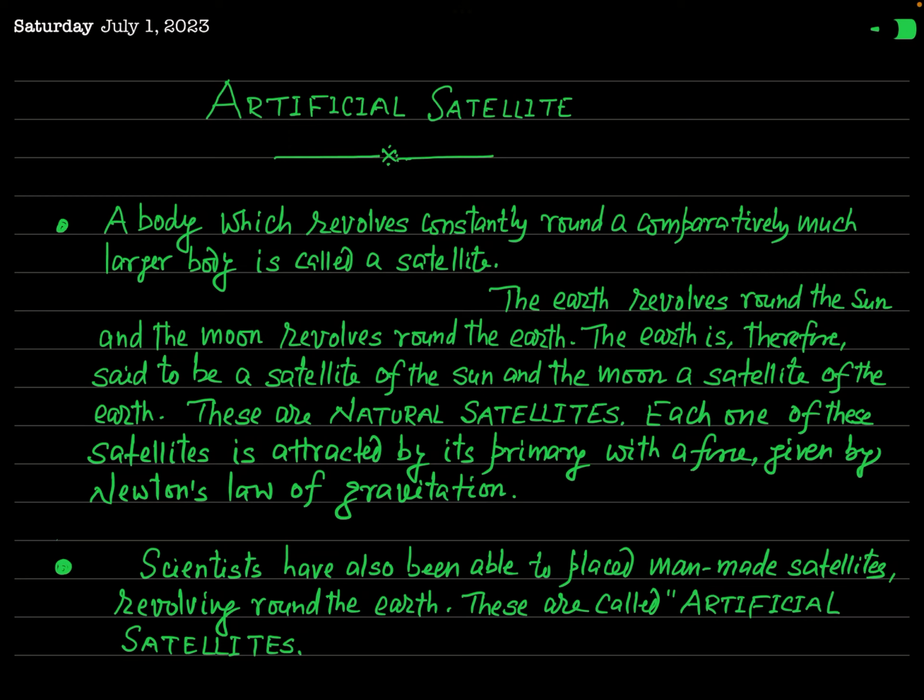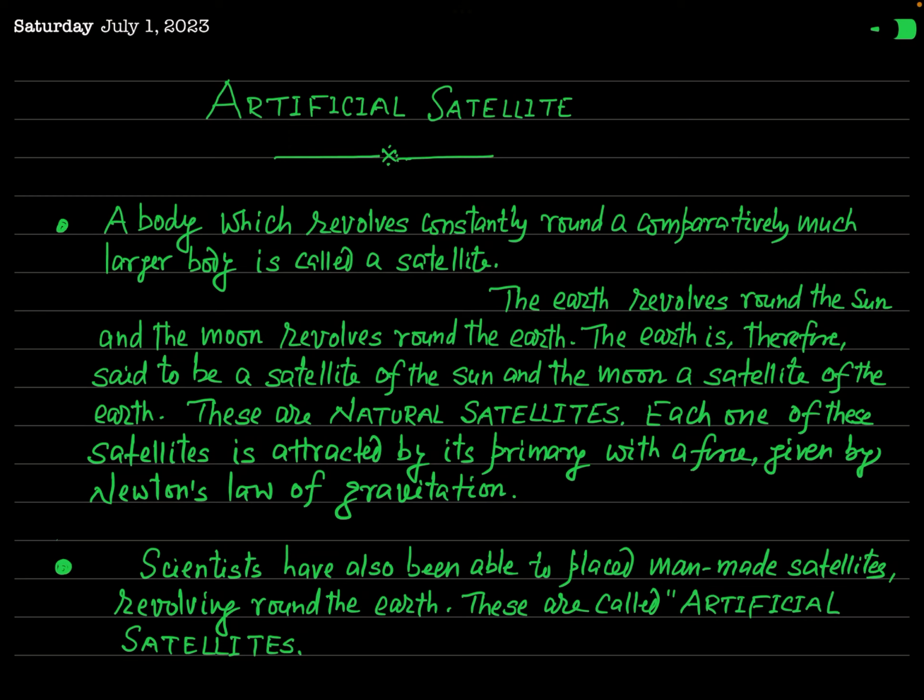In geography, there is a remarkable difference between a satellite and a planet. But in physics, when we study astrophysics, we do not differentiate between a planet and a satellite, because here the term satellite is used for both in the same meaning.